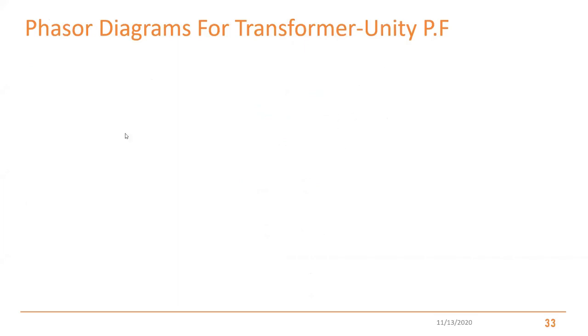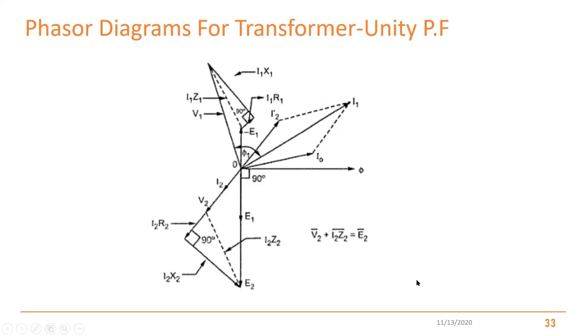So what should happen is, for unity power factor, this is the phasor diagram. I will explain to you. These other things are as earlier. This flux phasor is the reference phasor.